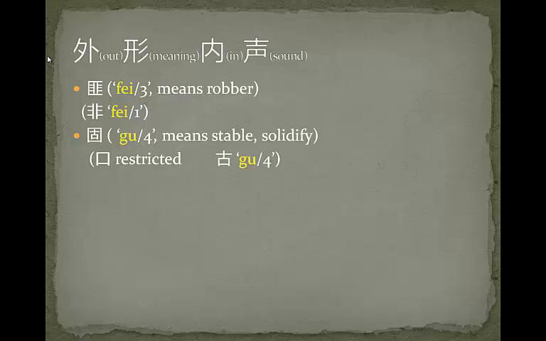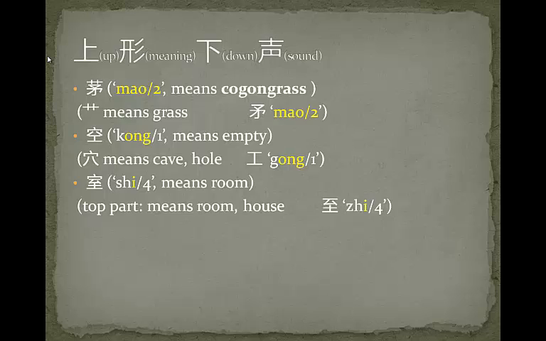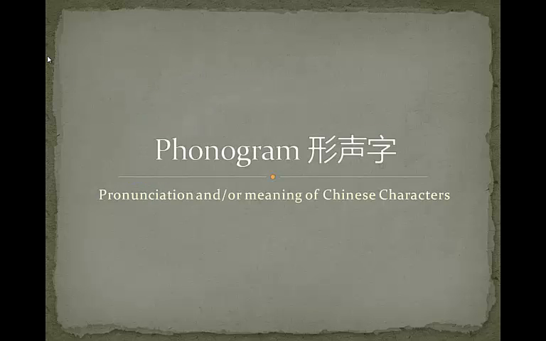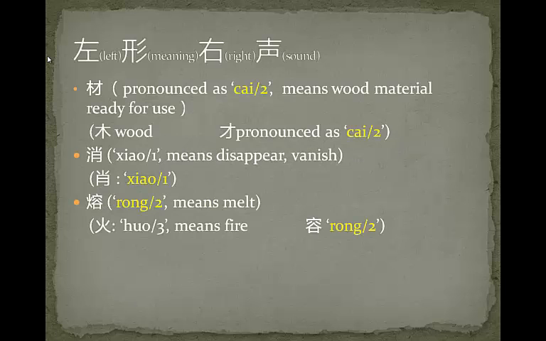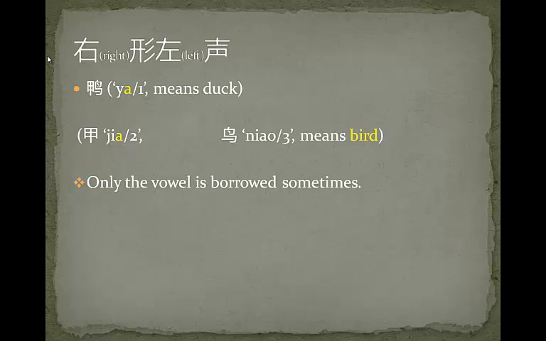Alright, that's all the examples for characters where you can predict the pronunciation, and usually part of it can indicate the meaning. So there are several categories. First one, 左形右声. The character can be divided up into left and right. Left indicates meaning, right indicates sound, and then we shift. 右形左声.